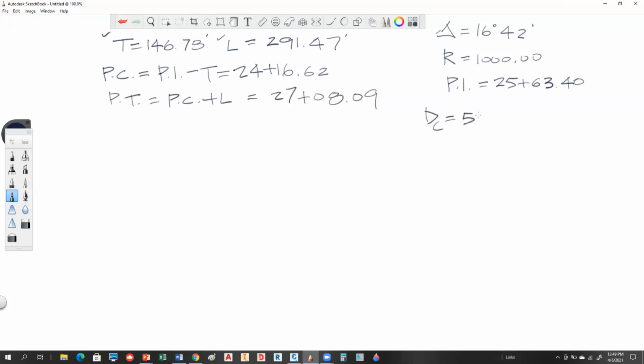Our degree of curve is 5 degrees 43 minutes 46 seconds. Now, it's not actually 46, is it? I said 46 and wrote it down wrong. Mine's like 46.48. So there's rounding going on there, okay? I want you to understand that. Is everybody okay with that so far?